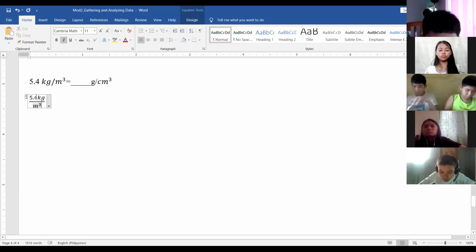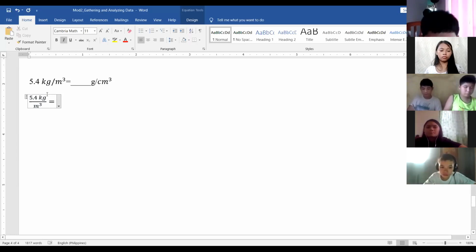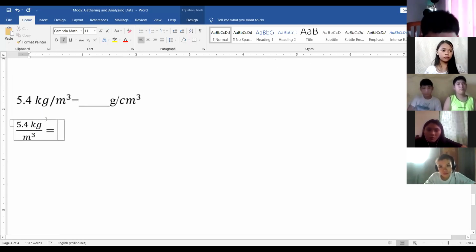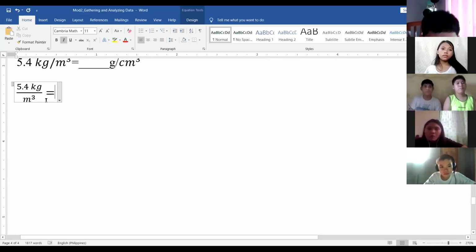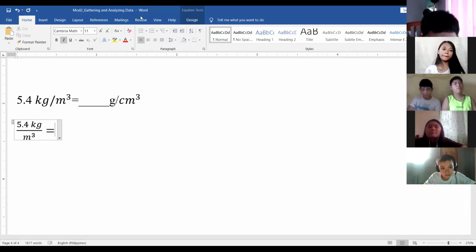Okay. So I will first expand this one, class. In the solution that we're going to do later on, we have to make sure that we understand this meters cube. I hope you can see it properly from your perspective there. How are we going to do that?